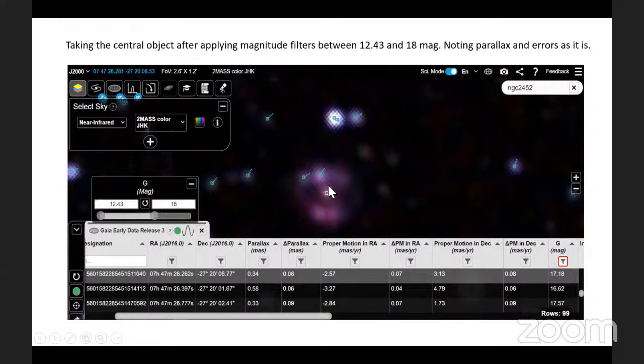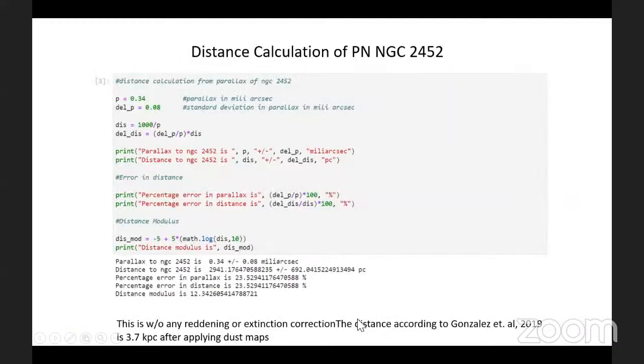So I have taken the central star. I've just taken the parallax of the central object and the errors, and calculated what the distance and the distance modulus could be.